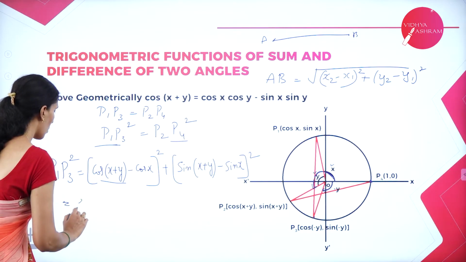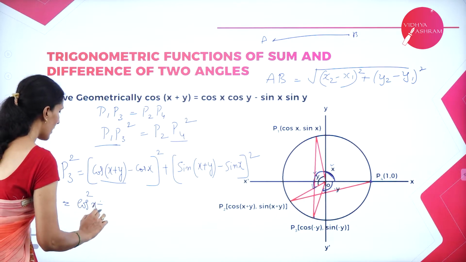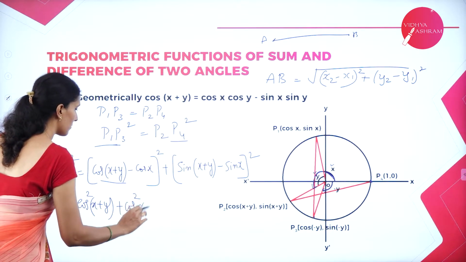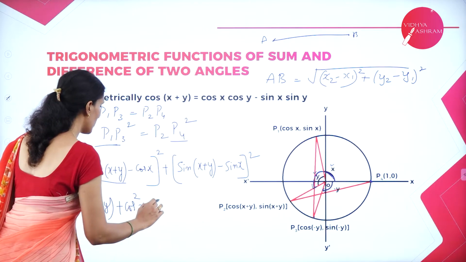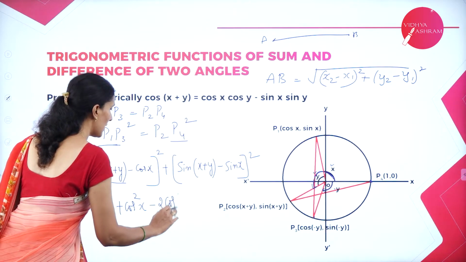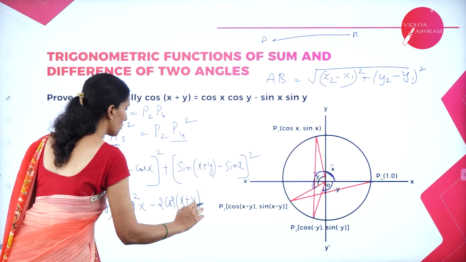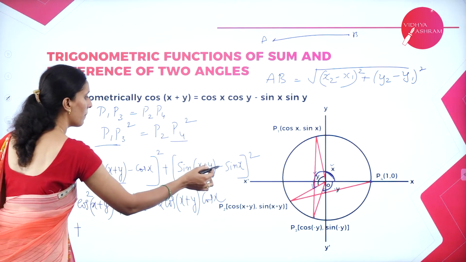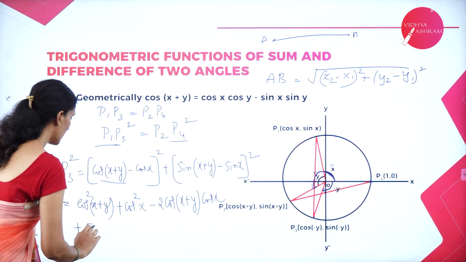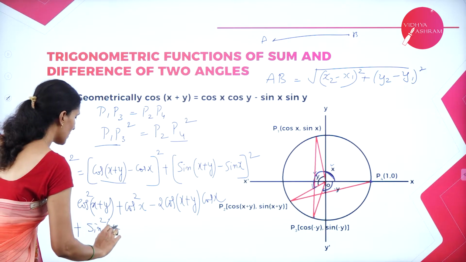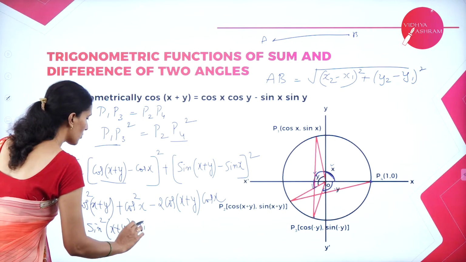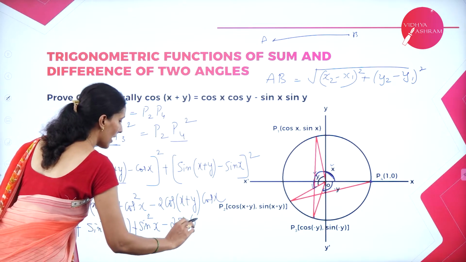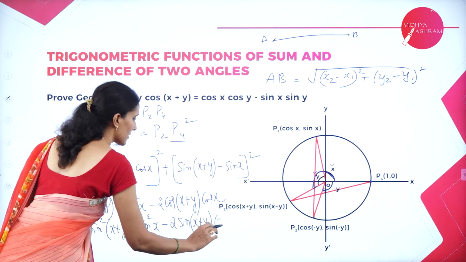This becomes cos square(x plus y) plus cos square x minus 2 cos(x plus y) cos x, again a square plus b square minus 2ab. So sin square(x plus y) plus sin square x minus 2 sin(x plus y) sin x.